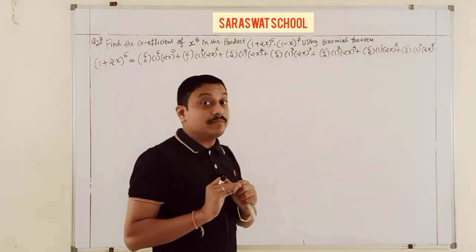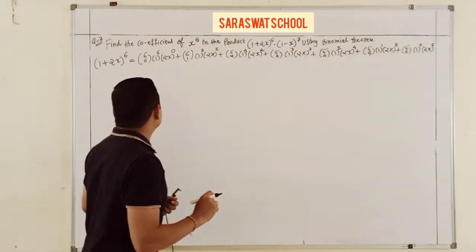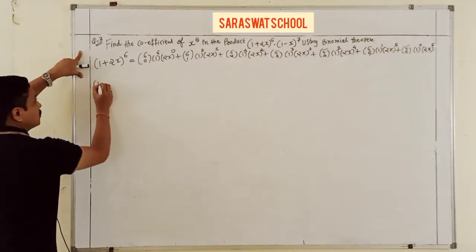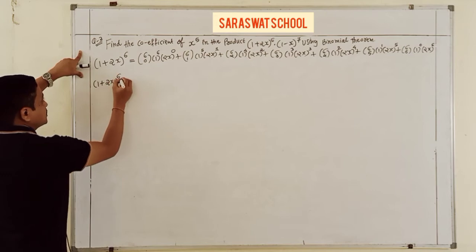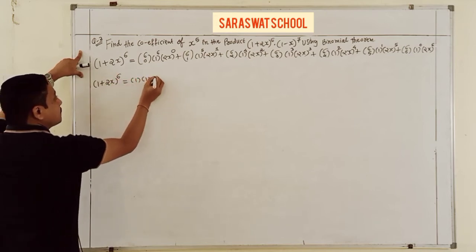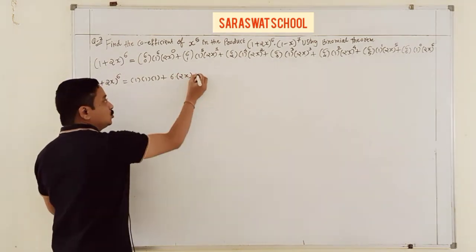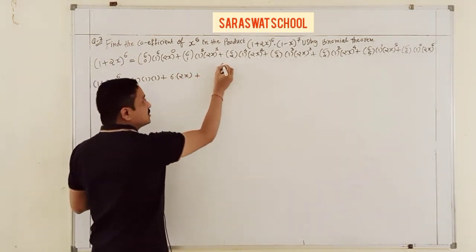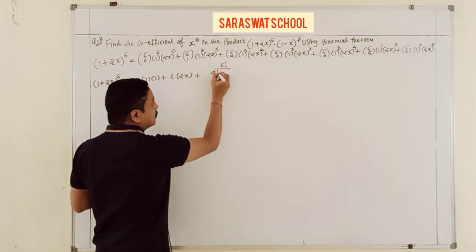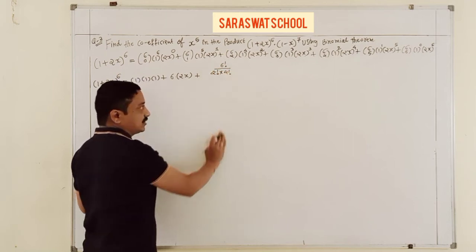Now simplify. Here (1 plus 2x) raised to 6: 6C1 is 6, times 2x. For 6C2, students, you calculate 6 factorial over 2 factorial and 4 factorial.